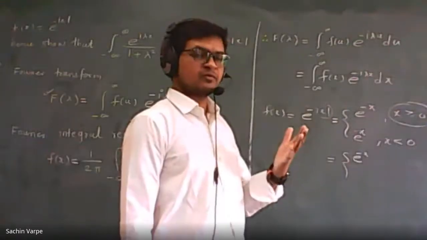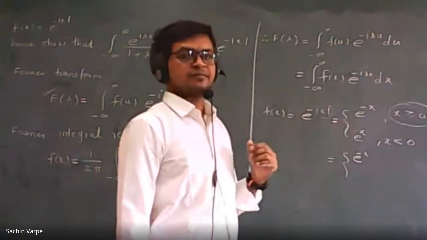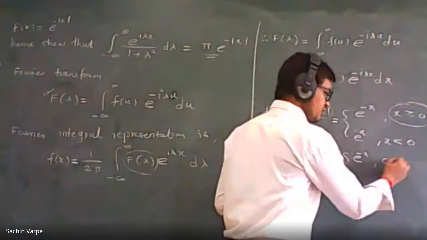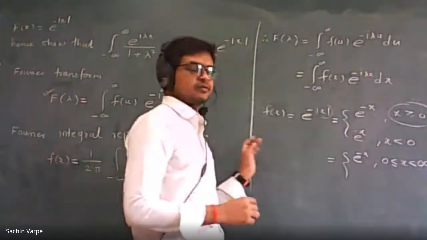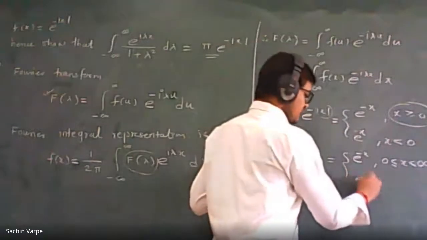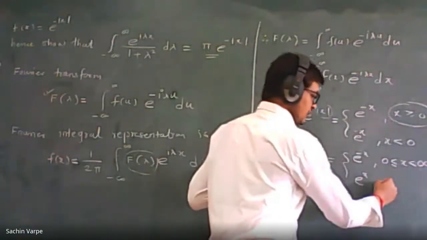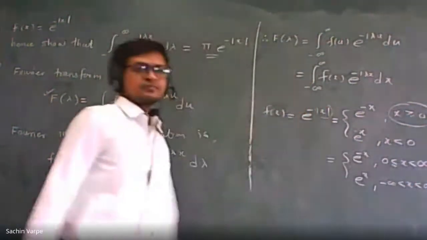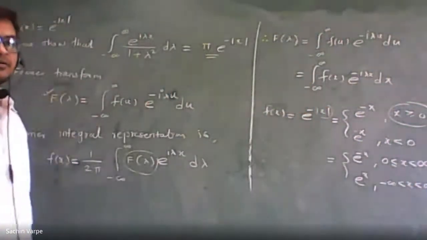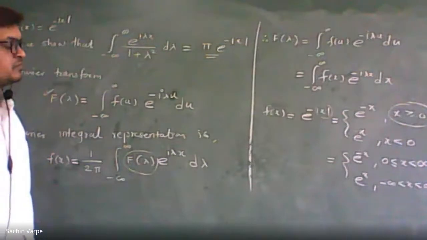Positive means from where to where? 0 to infinity, correct. So x lies between 0 and infinity. All right, that is the interval. And e raised to plus x when x is between minus infinity and 0. Is it clear? Please ask if any doubt.